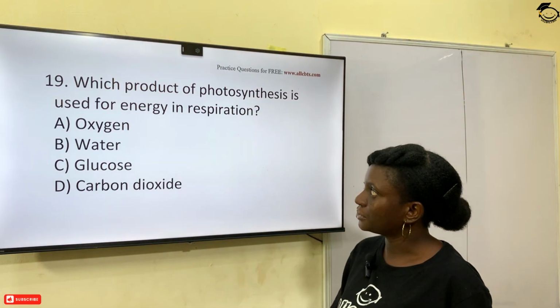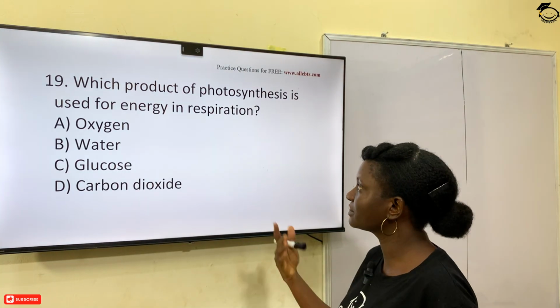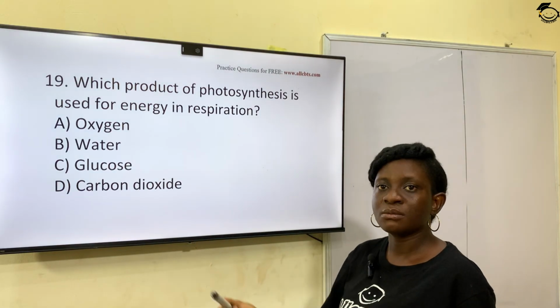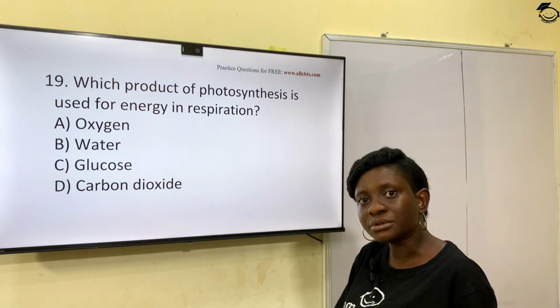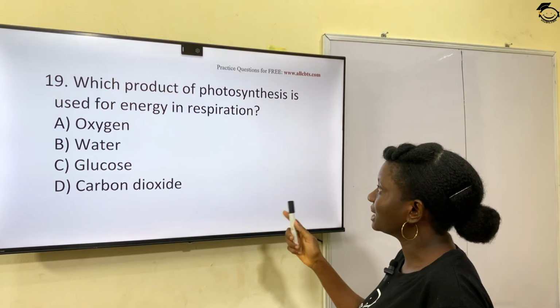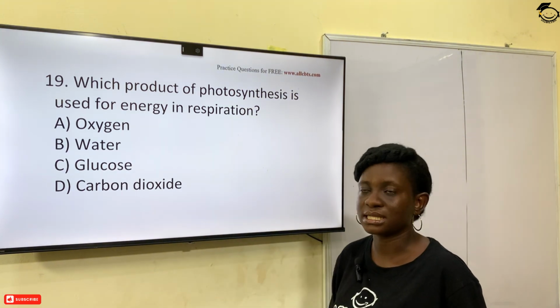So those are the products. But the product that is mainly used for ATP, for energy in respiration, is glucose. Because when glucose is broken down, it generates ATP, energy. And that is used in respiration. So option C is the correct answer.